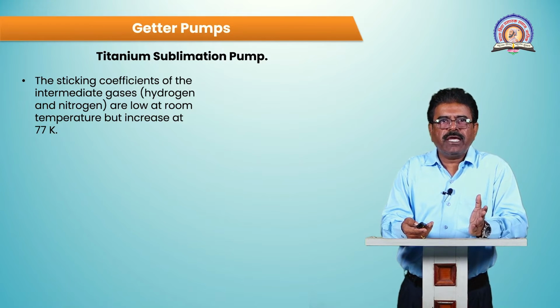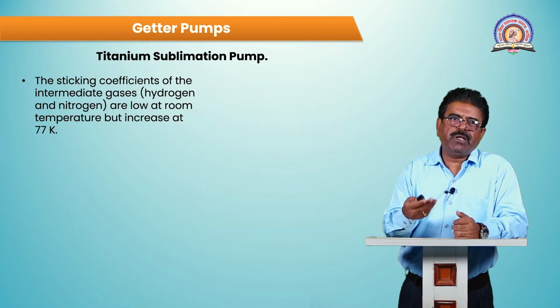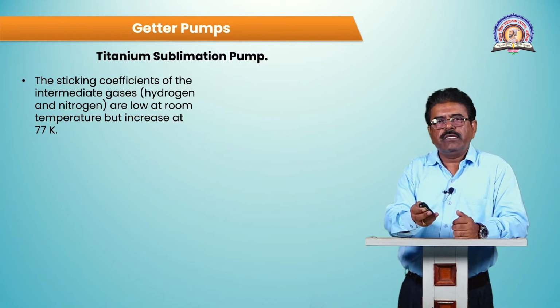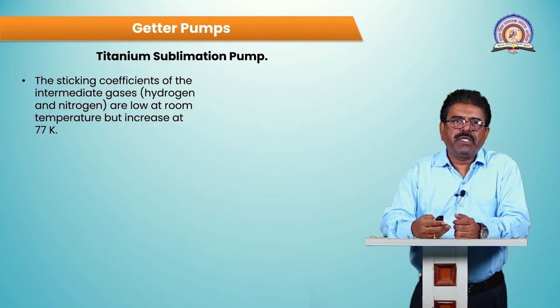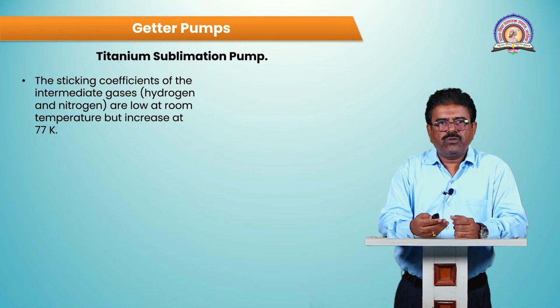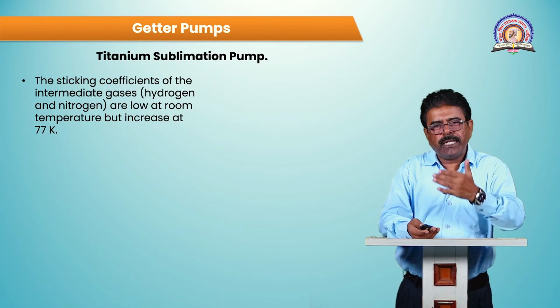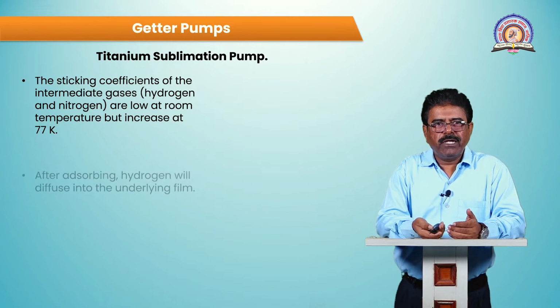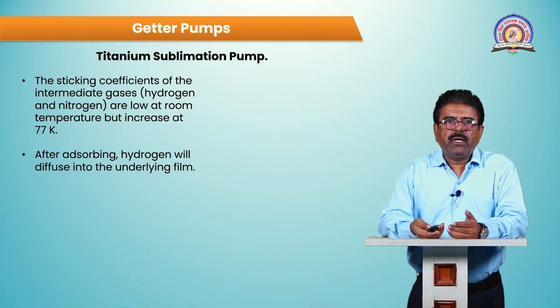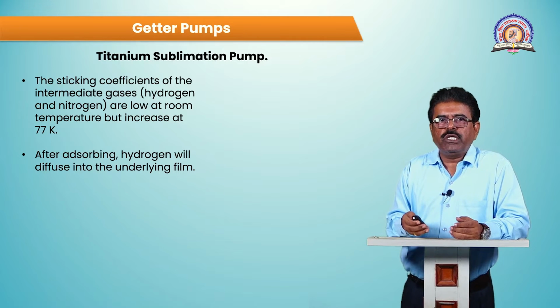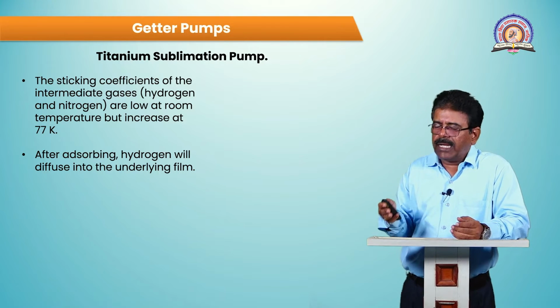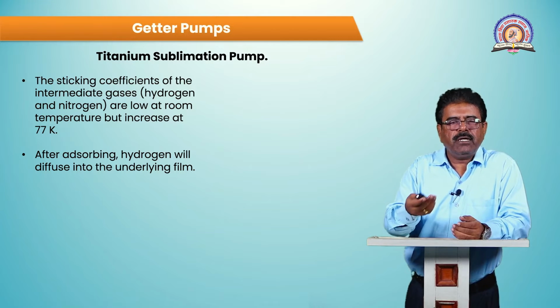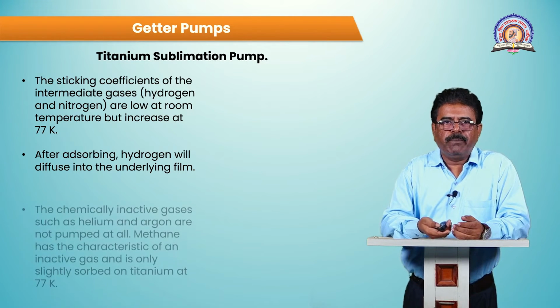Such intermediate gases, for example hydrogen or nitrogen, can be pumped efficiently, but for that you will have to cool down the getter surface to 77 degrees Kelvin. Now after desorbing, hydrogen will diffuse into the underlying film. Underlying film means the getter material film.